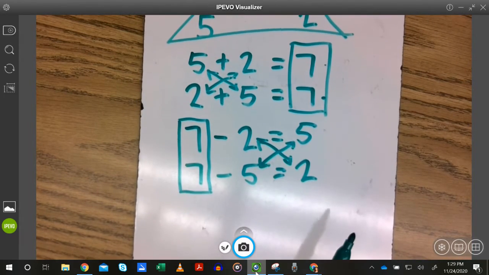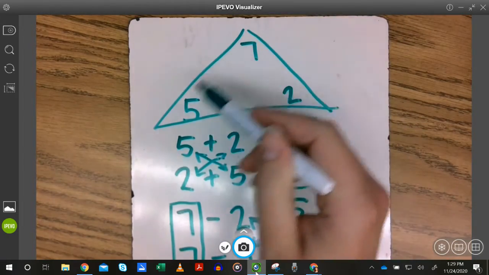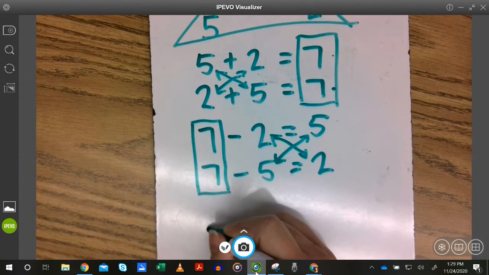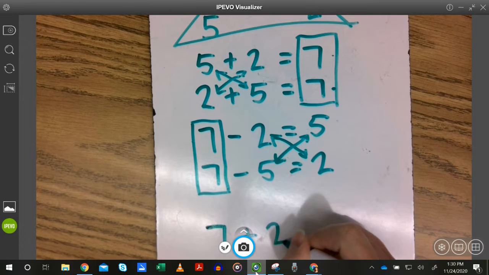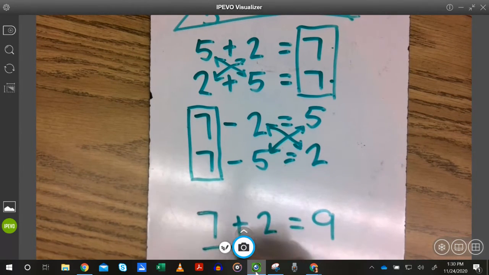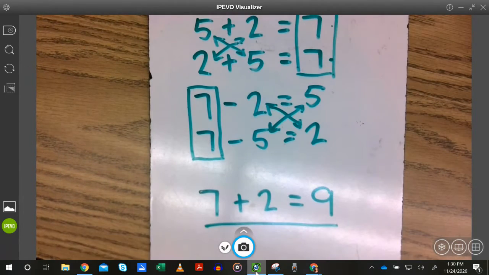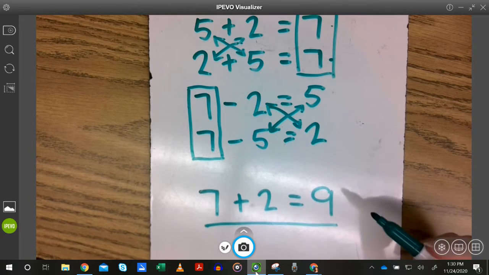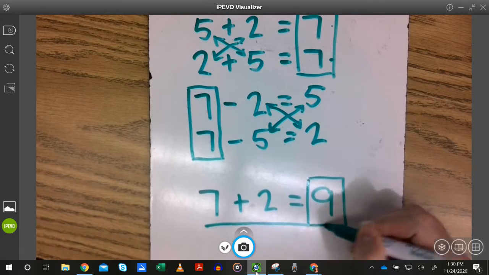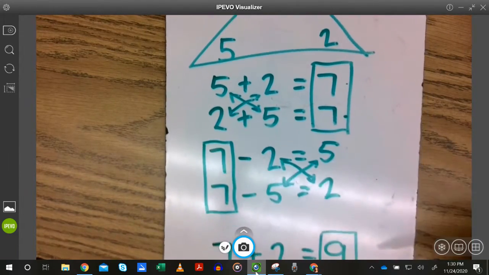So let me ask you really quick, if I have this fact family, the 7 family made of 5 and 2, and I write the math fact 7 plus 2 equals 9, is this math fact in the same family? No, it is not the same family because in this math fact the whole is 9, where here the whole is 7.